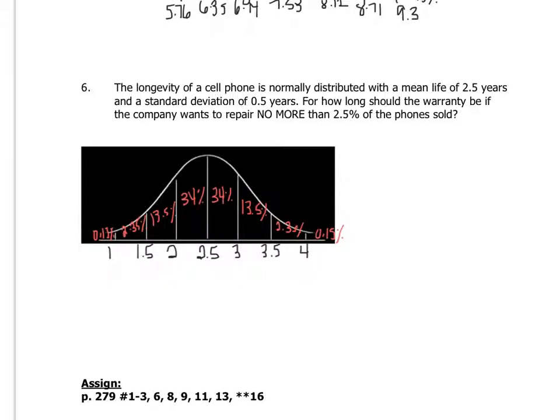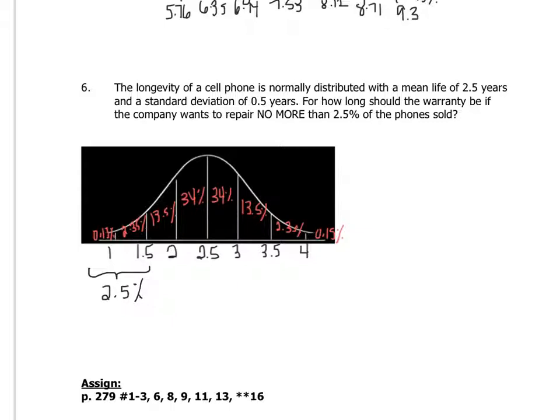Okay, so if they want to repair no more than 2.5% of the phones sold, then they'd have to be looking at basically only keeping their warranty for this amount of time, because 0.15 and 2.35 adds up to 2.5%. And if the warranty is any longer than 1.5 years, you're getting into a higher percentage of the data.